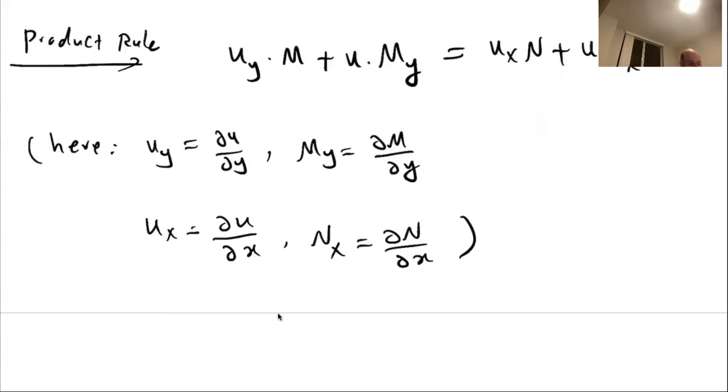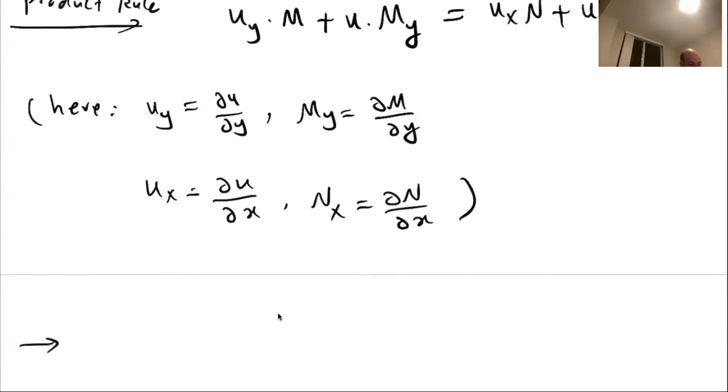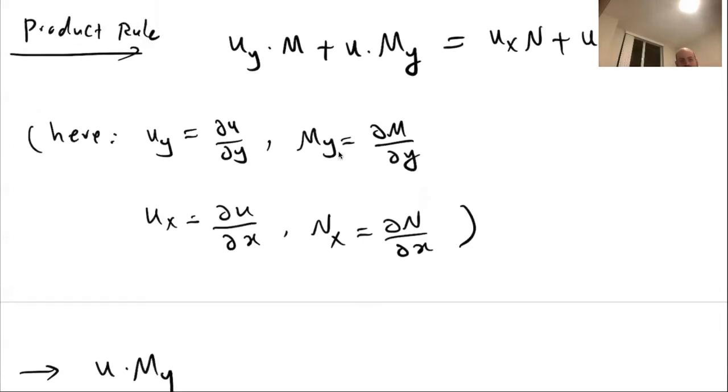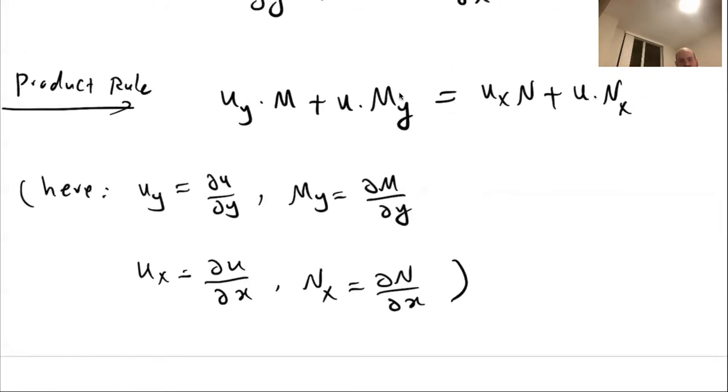Then I can take the first term to the right-hand side. Let me keep this term here, take this term to the other side, and take this term to the other side.